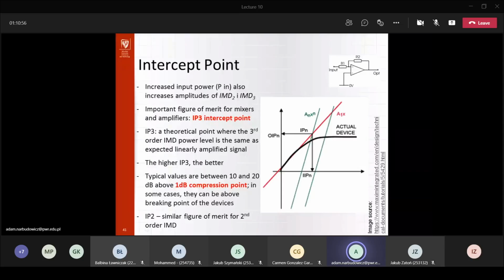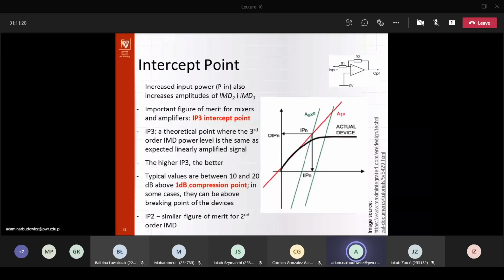And if you reach that point, that means you will start seeing some significant non-linearities.